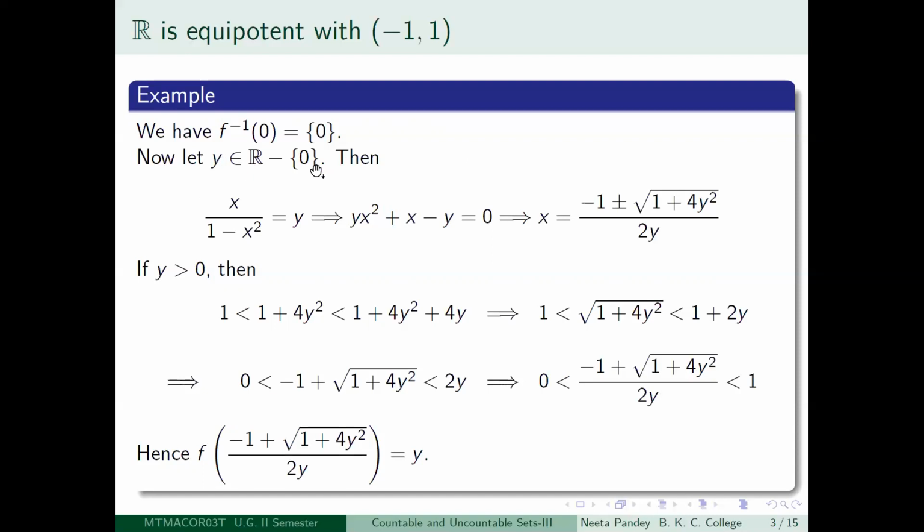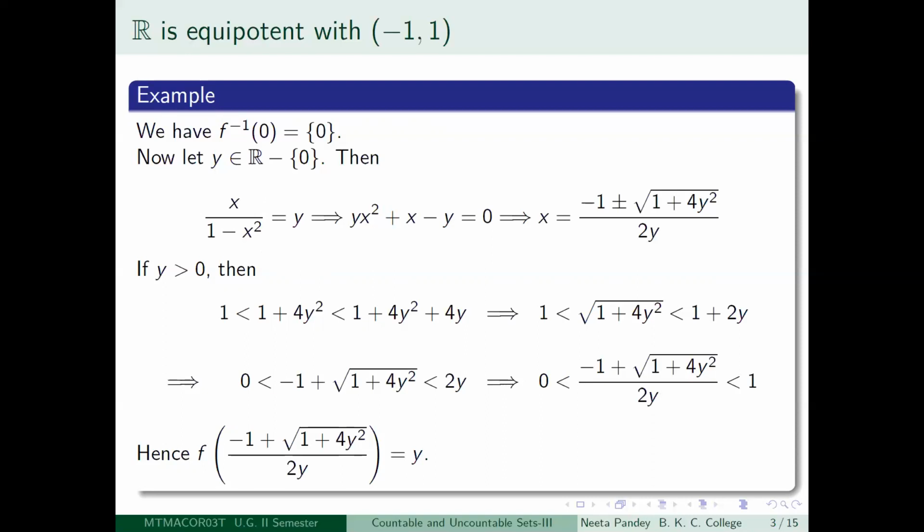Suppose I take any non-zero real number. Again, I want to see whether the pre-image of y is non-empty or not. So what am I trying to do? First of all, I want to find an x so that fx is equal to y. I have to write down the formula for fx, which is x divided by 1 minus x squared, and I want it to be equal to y.